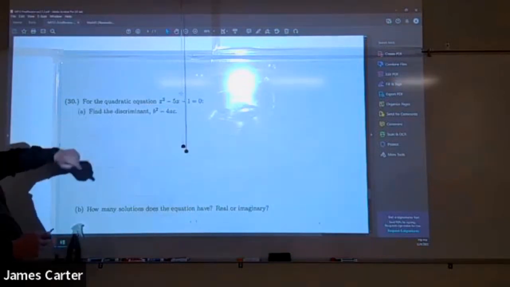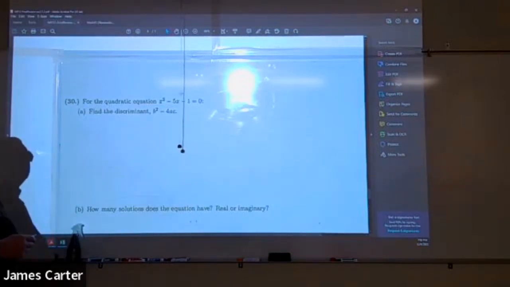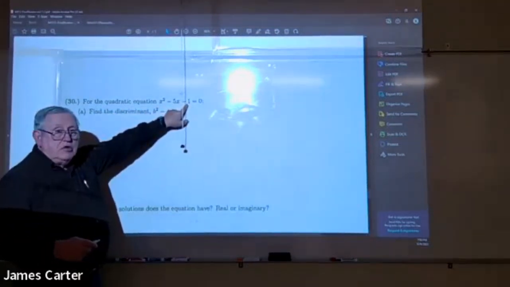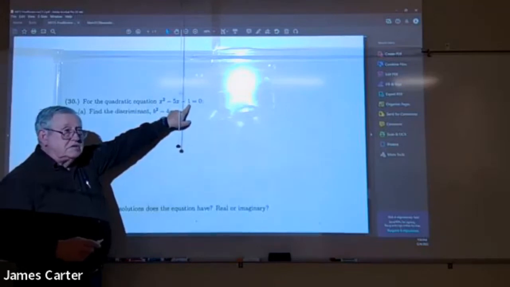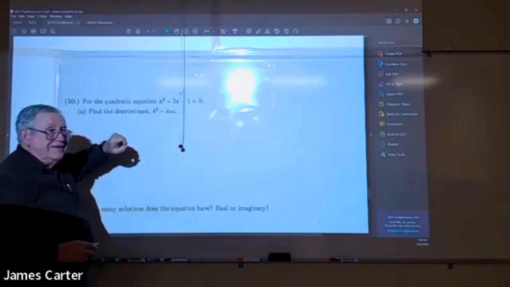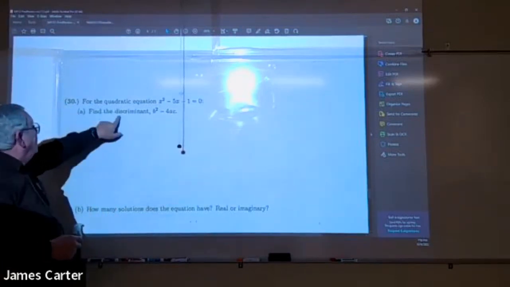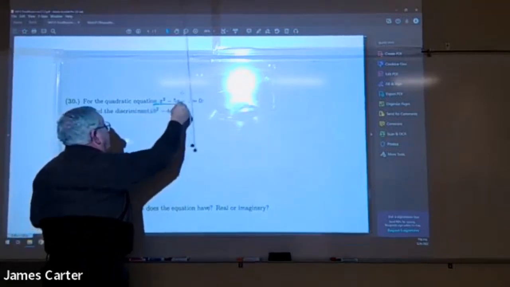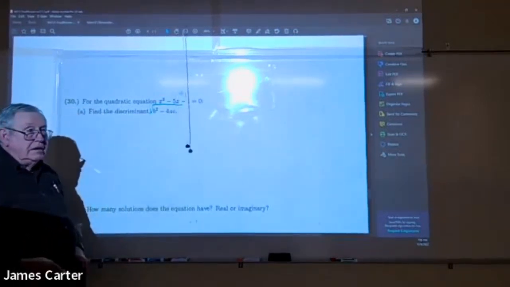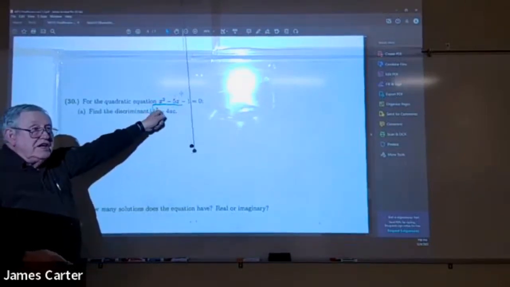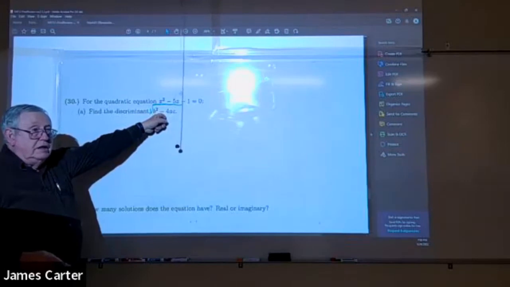All right, for the quadratic equation of this. Now you got to read what they're asking you. You start doing some stuff you don't got to do. Find the discriminant. Remember, this is the part underneath the radical. And because it's the part under the radical, if you get a negative number when you're all done, then it's going to be a pair of imaginaries.